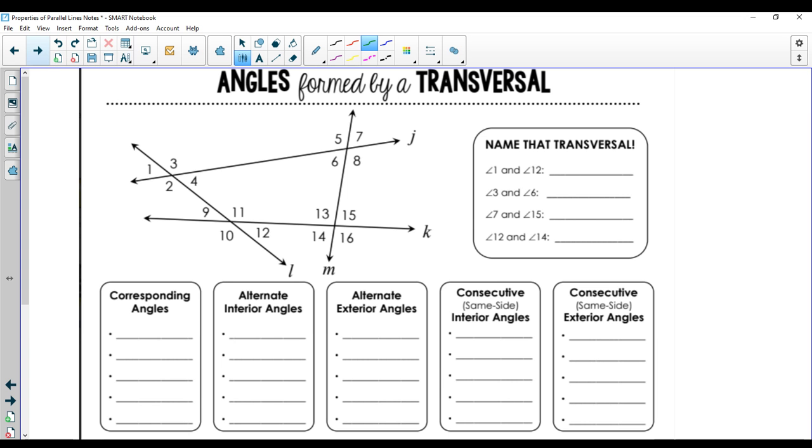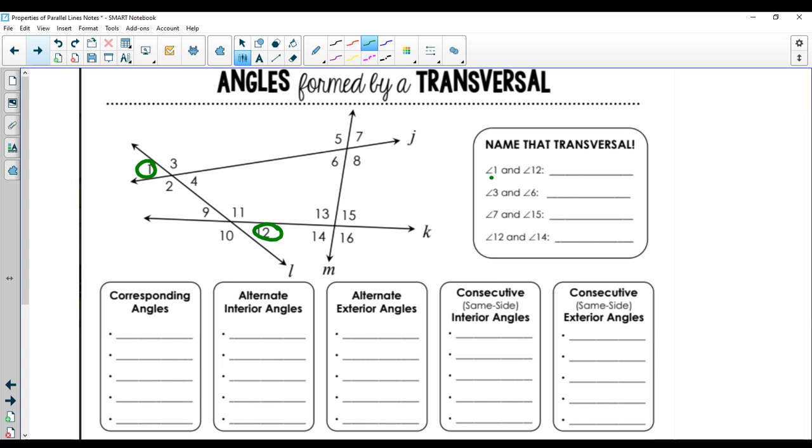This first line, we're going to talk about angle 1 and angle 12. So let's go put a mark. Angle 1 is right there. Angle 12 is right here. So when I do this, I ask myself, which one of those lines is both of those angles on? Okay?